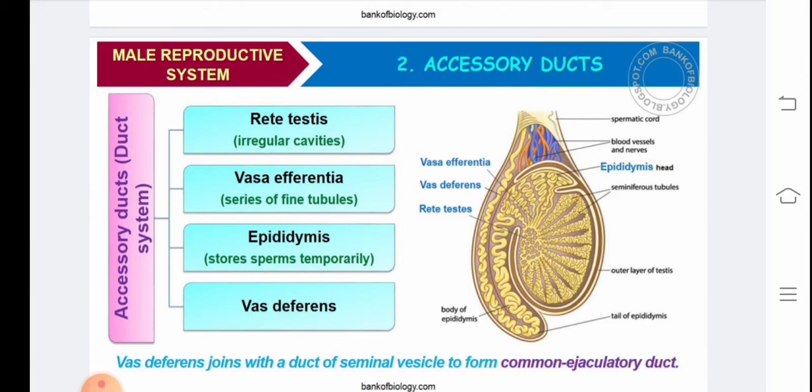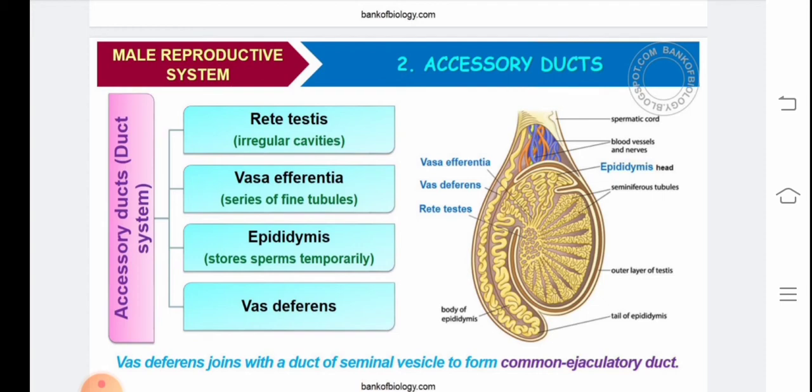So in accessory sex organ, what they do is carry the produced sperm to the external genitalia. Hence it is called as secondary sex organ, or it is known as accessory sex organ. Clear?